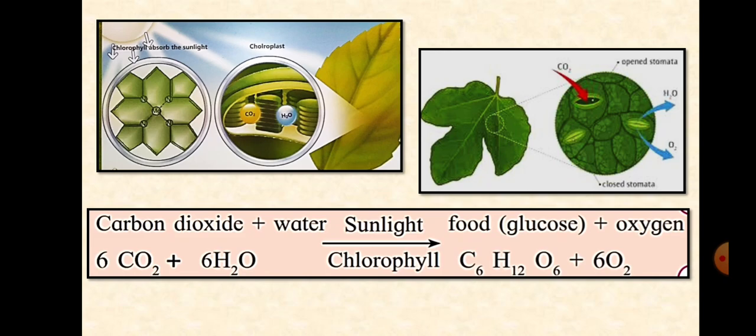Okay, so further, water, minerals and salts, whatever they get from the roots. Okay, we water the plants, and the soil absorbs the water. From the roots, the plant gets the water. That we'll be seeing further.